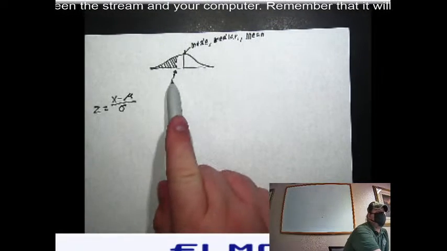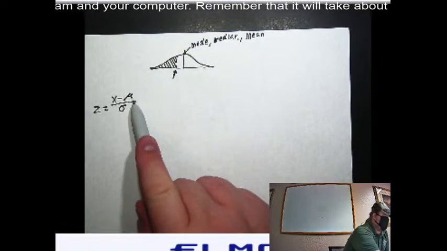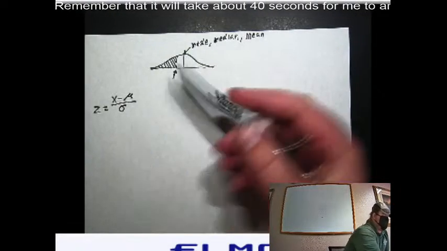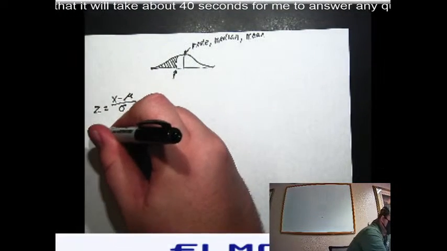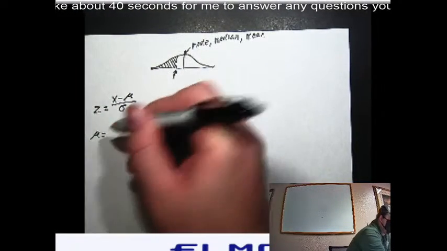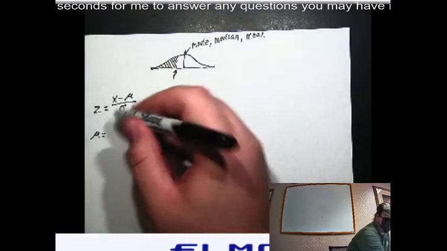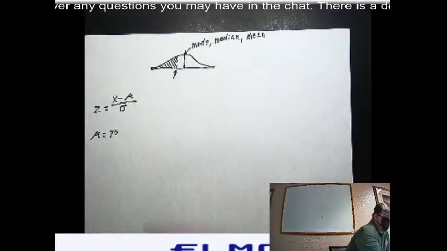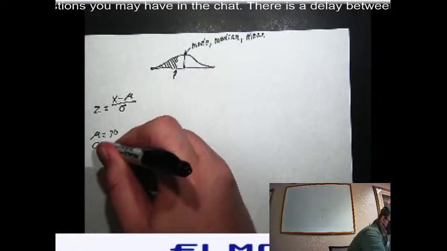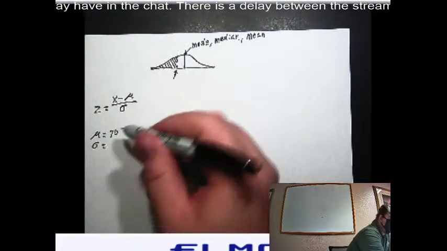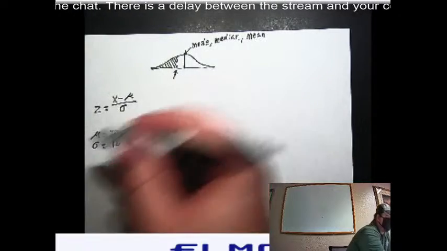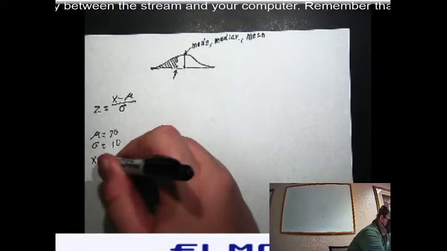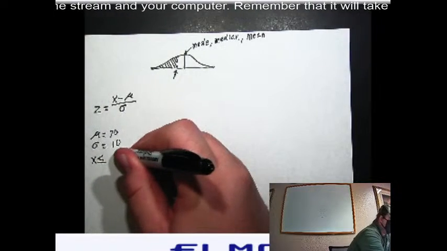We need an x value, whatever this point is right here, a mean, and a standard deviation. So let's say that our mean is 70. Our standard deviation is maybe something like 10. And then our x, we want to calculate less than or equal to 50.